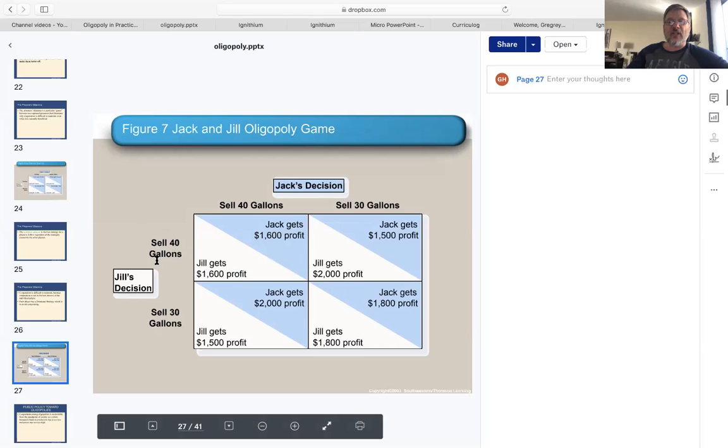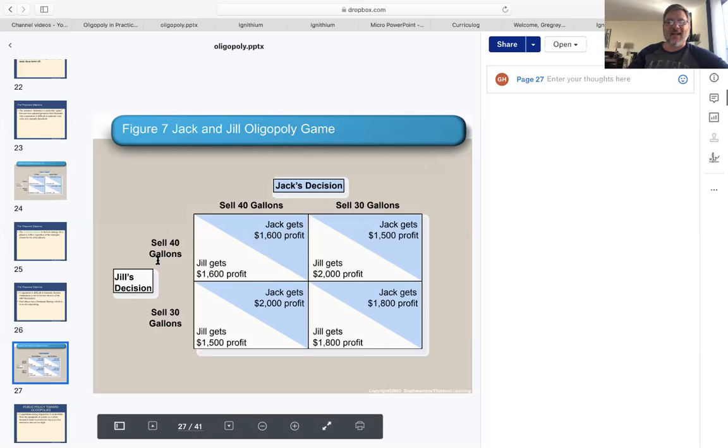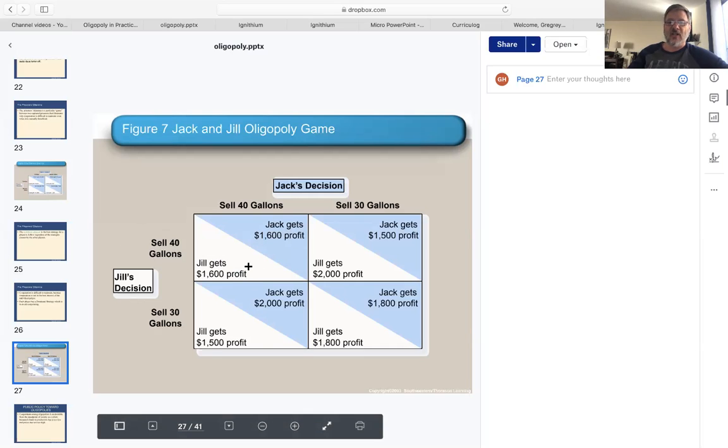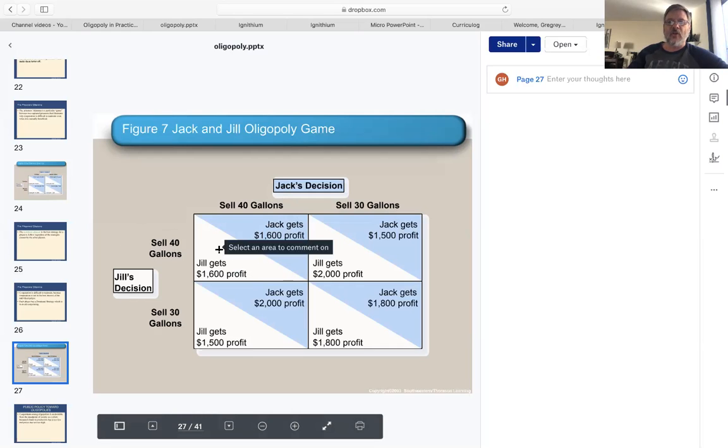And if we use this Nash gameplay, which is that each producer is going to choose to do what maximizes their profit, holding the decision of the other one constant, and we go through each of the scenarios, then we end up again in this non-cooperative outcome, where each does whatever is in their own interest.